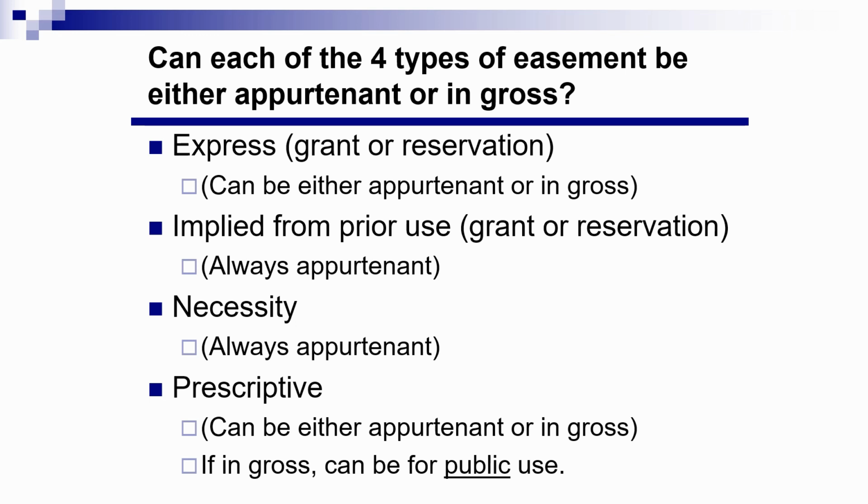Probably most of them are appurtenant, but an in gross easement by prescription certainly can arise, even in favor of some private individual. Most easements that are prescriptive, if they're in gross, however, are actually going to arise in favor of the public because they are a result of public use.